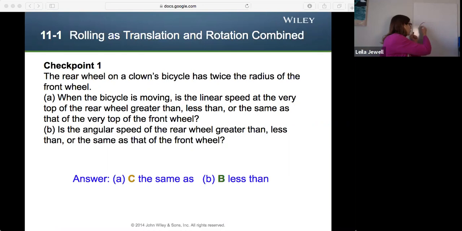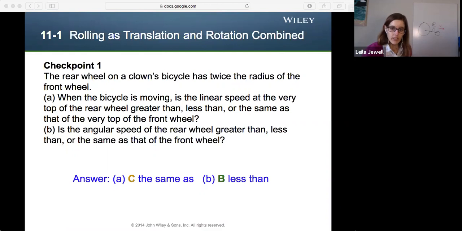So even if the rear wheel is ginormous compared to the front, they're wired together. This is a strange bicycle, but we'll go with it, right? And so the whole bicycle is moving forward at one speed v. So that part has to stay the same for each of them, that linear speed.